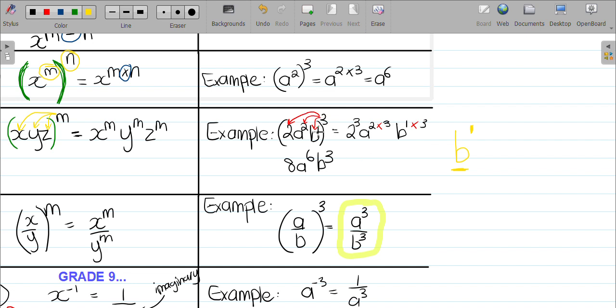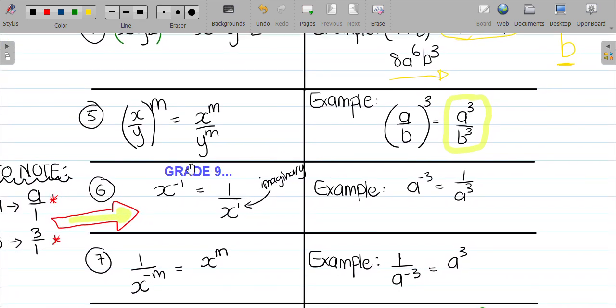So why that is important is because this b has an imaginary 1, and the 3 will be multiplied by that. So to simplify all of this, our final answer is going to be this. So 2 cubed is 8, 2 times 3 is 6, so it'll be 8 to the 6, and 1 times 3 is 3, so it'll be b to the 3.